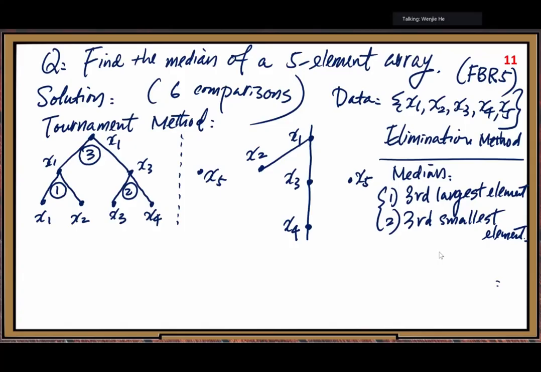So X1 is the one that we can eliminate, because it cannot be the third smallest element.